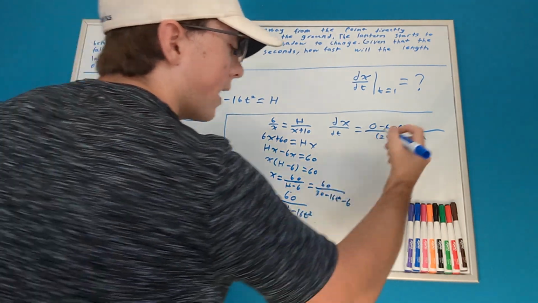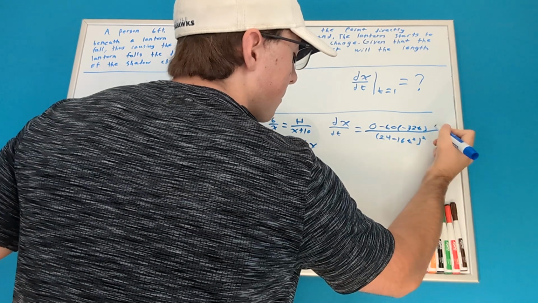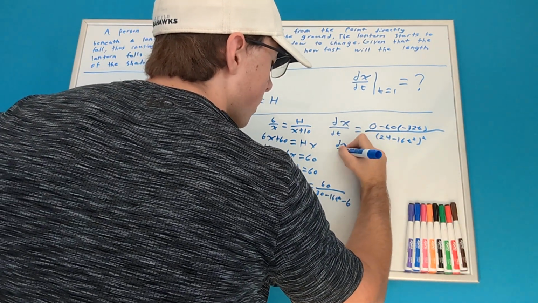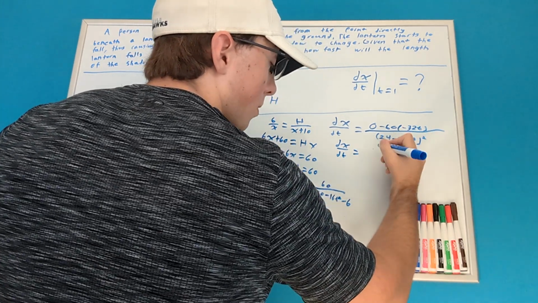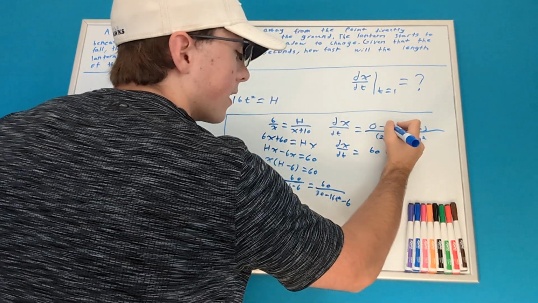The derivative of this will be negative 32t. Then dx over dt equals, well, we multiply this together, and here we'll just leave it like this: 60, the negatives will cancel out.